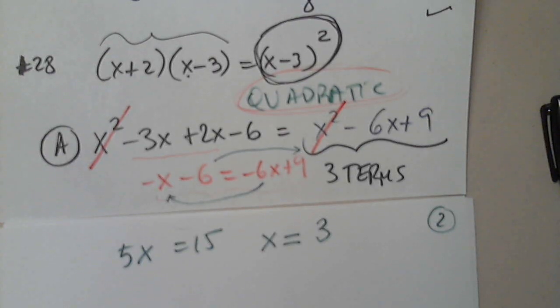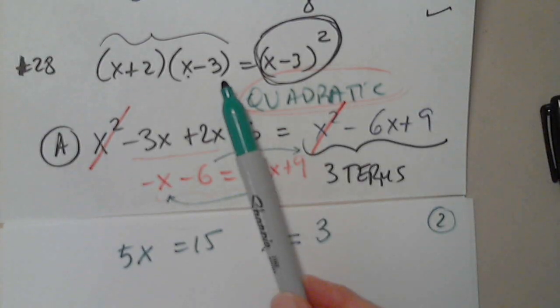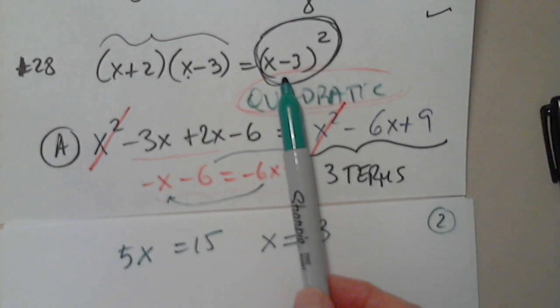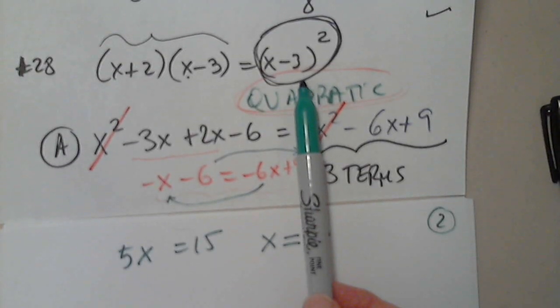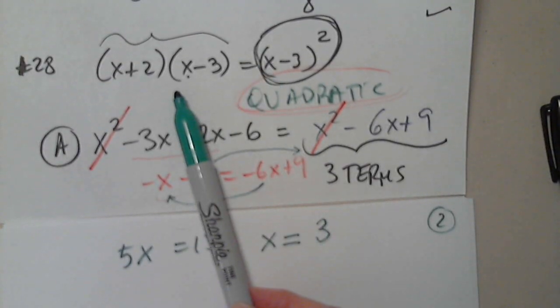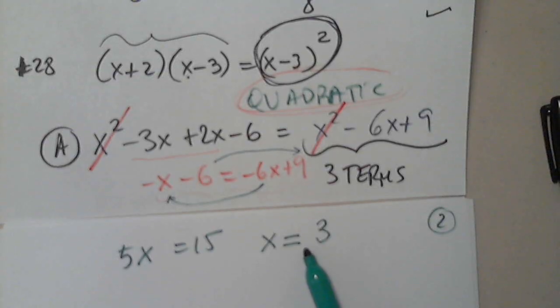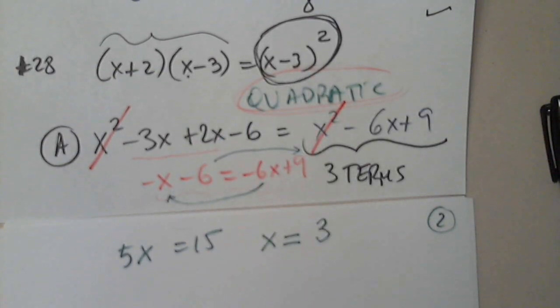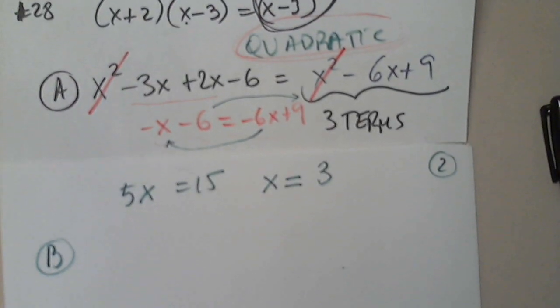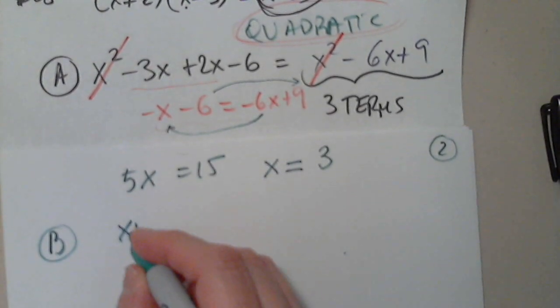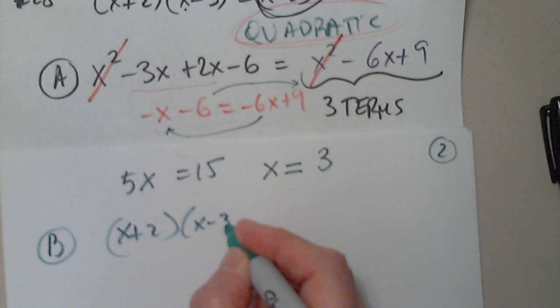So the other option, as I mentioned, we could have factored out, not really simplify, because we did get x equals 3, right? So we can factor it out. So I have (x plus 2)(x minus 3).